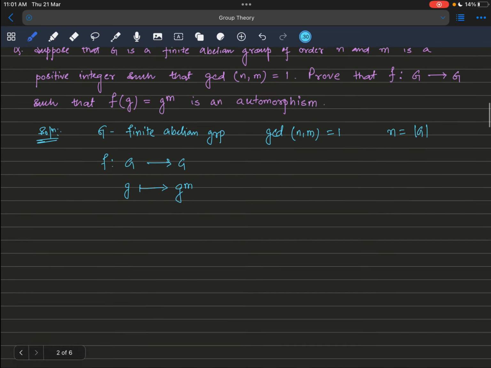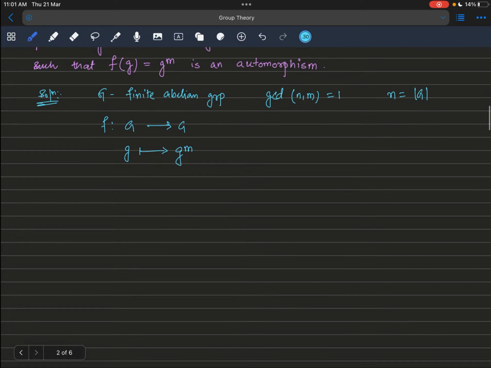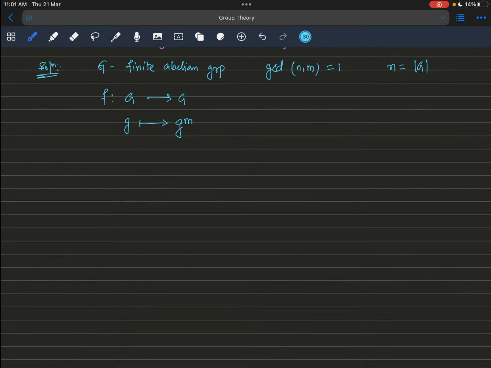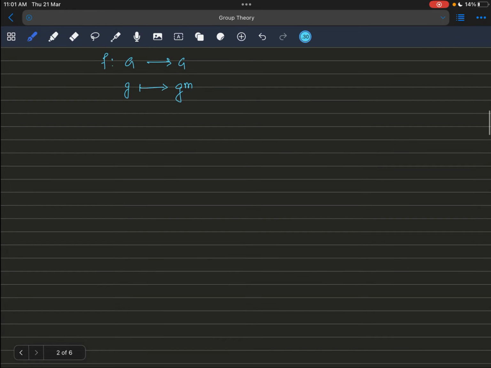We have to show that f is an automorphism. So for this we have to show f is a homomorphism and f is bijective. All right, so f is a homomorphism.